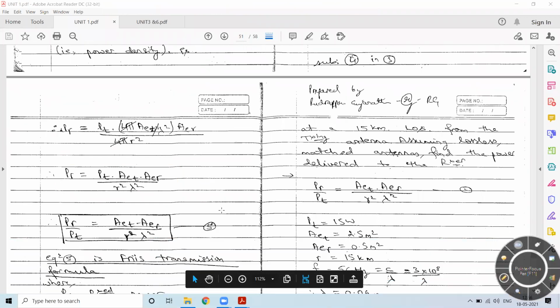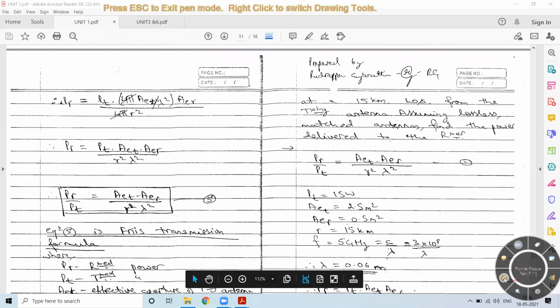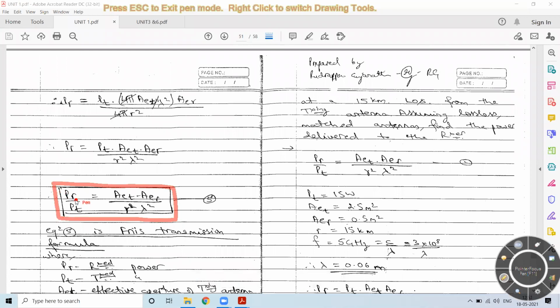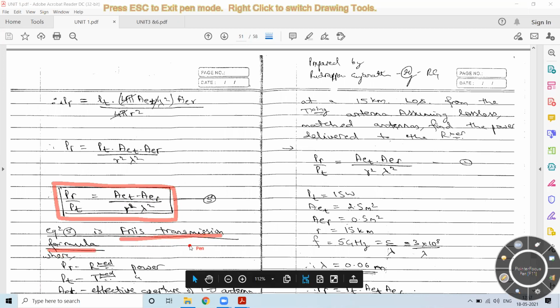So if I obtain the ratio of the received power to the transmitted power, it is given by the product of AET into AER divided by R square into lambda square. This is termed as the Friis transmission formula, or sometimes the communication link formula.